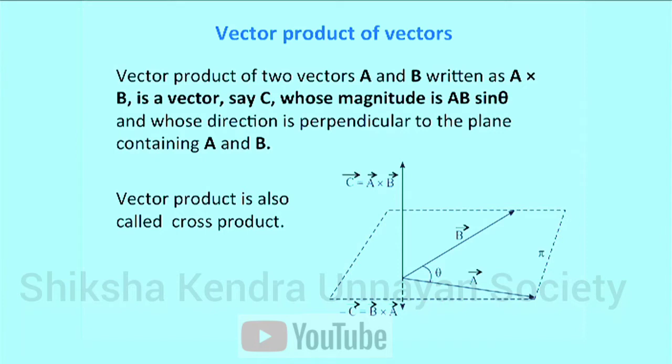So, in case of vector product, the resultant quantity is a vector. It is also called cross product, as we write the vector product as A cross B. Hence, the vector product of two vectors is a vector quantity and the direction of that resultant vector is found out by right hand rule.